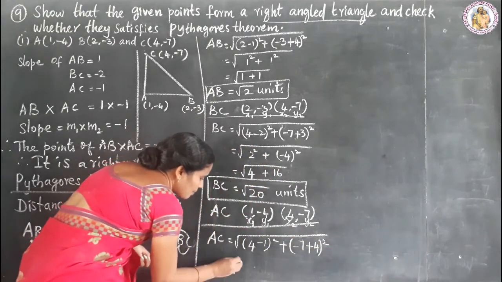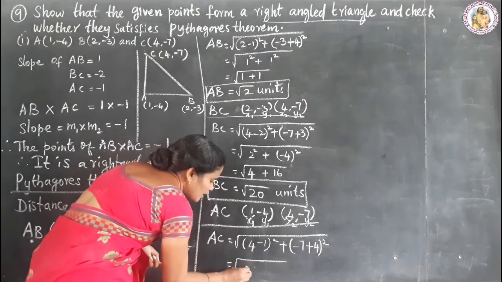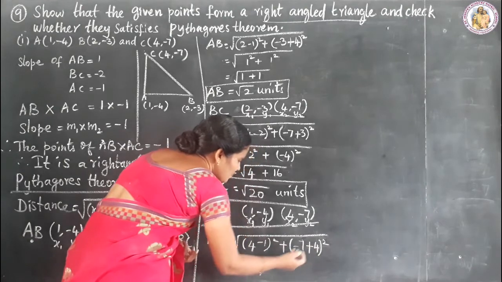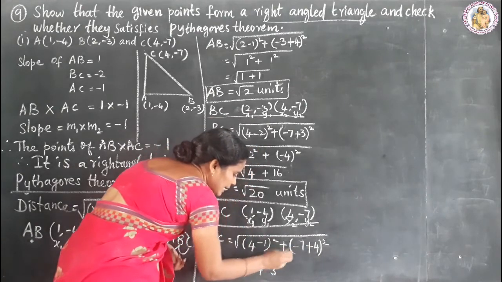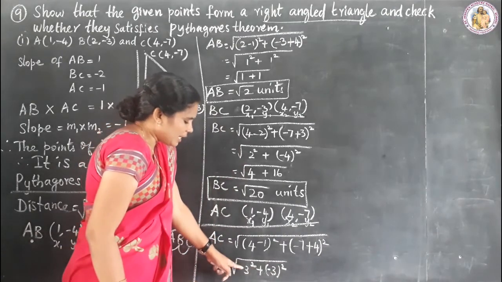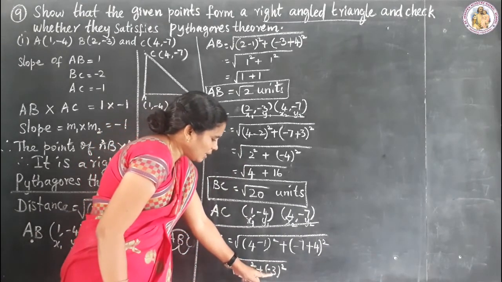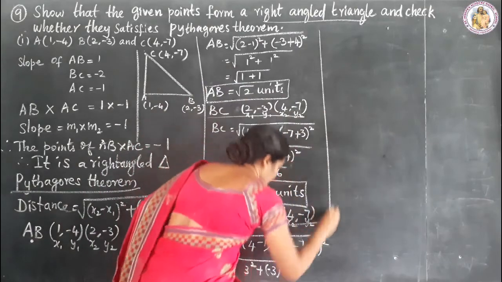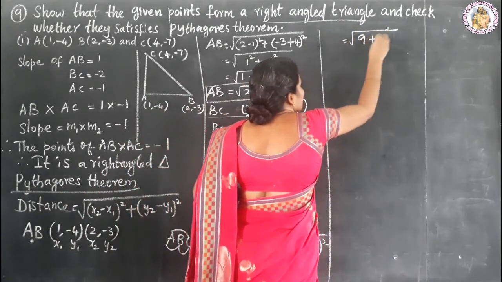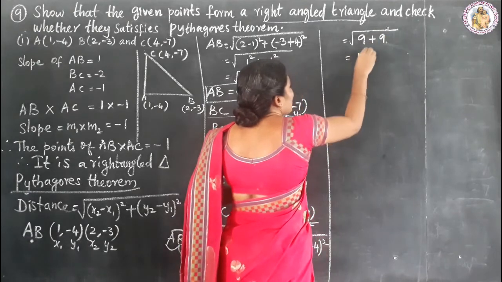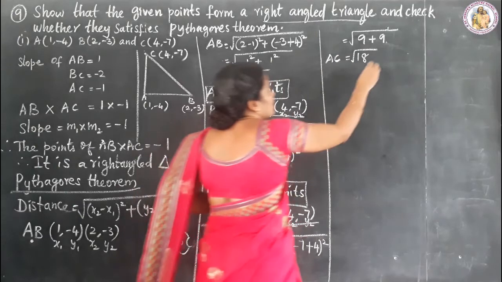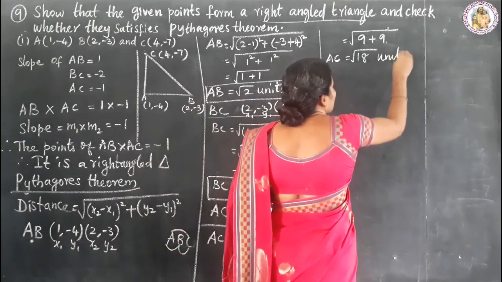In the next step, 4 minus 1 is 3, square, plus 7 minus 4, so 7 is greater, minus 3 whole square. 3 into 3 is 9, again 3 into 3 is 9. So 9 plus 9 is equal to 18, square root of 18. AC is equal to root 18 units.